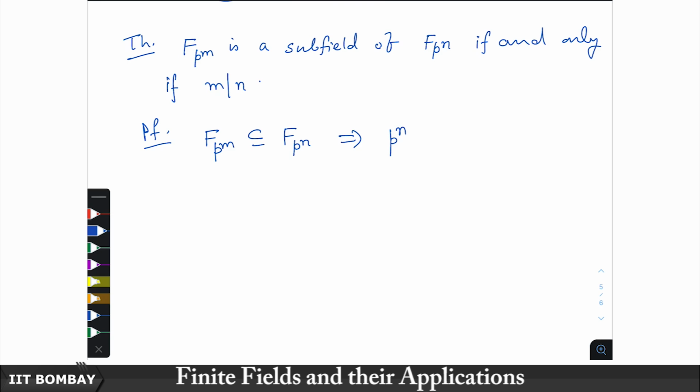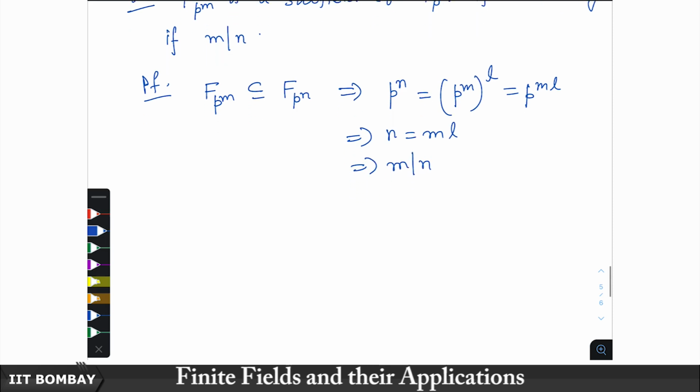So, p power n must be p power m, let us call it L, power L, which means p power n is the same as p power mL, that means n is equal to mL, and that means m divides n. So, this is very simple. If it is a subfield, it must mean that m divides n, otherwise it cannot be a subfield.